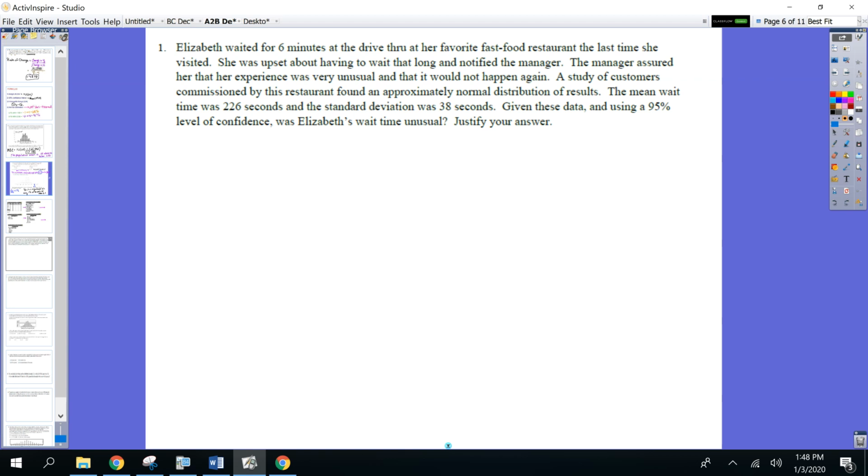Use a 90% confidence. All right. So here's our formula. Help me find that level of confidence: mean plus or minus my margin of error. Help me find this interval, and then I'll see if 6 minutes is inside or outside it.